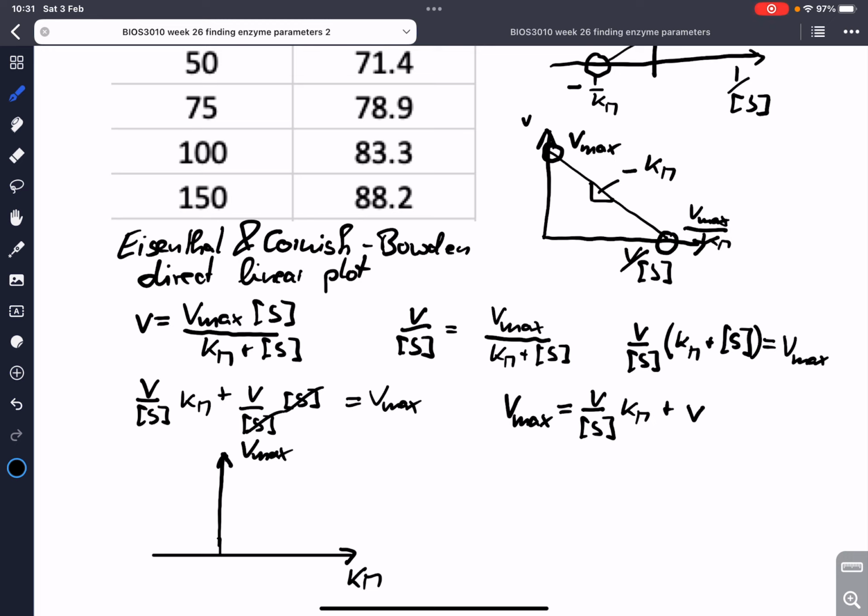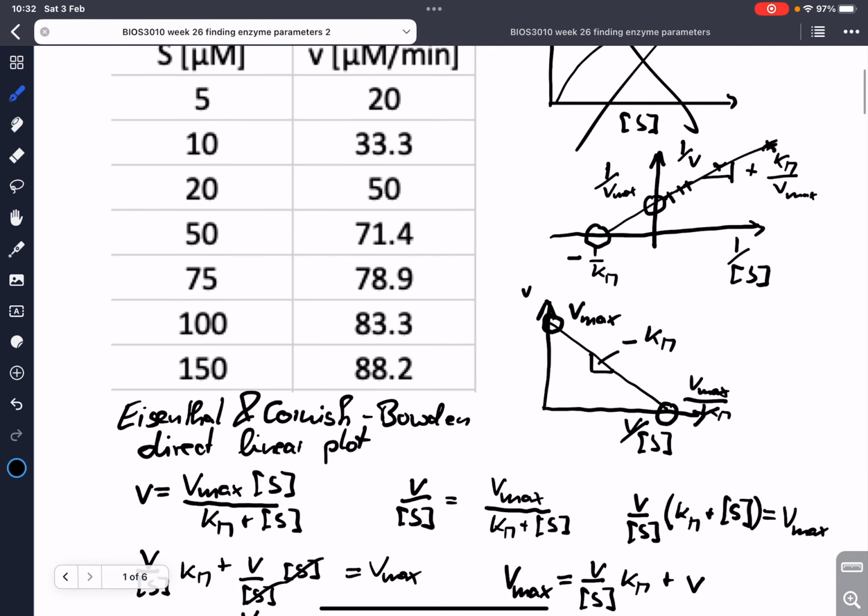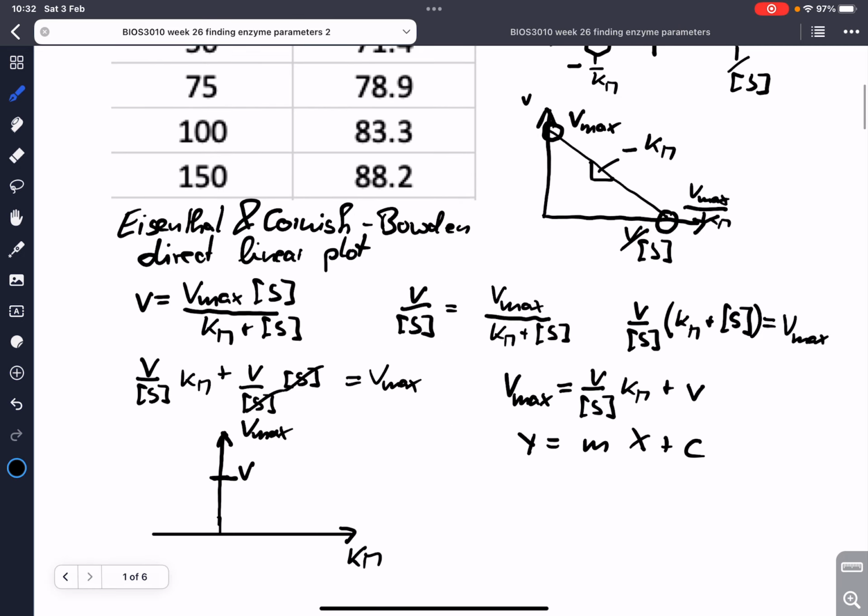But what we do know in this case is that we already know the y-intercept, because it is y equals mx plus c. So our y-intercept would be the value of v. So if we pick, for example, the first value of 20 micromolar, this would be our first value for v.